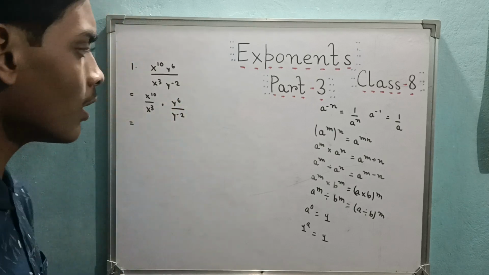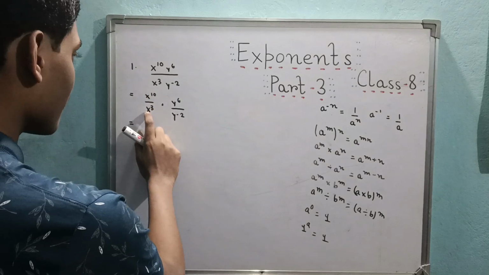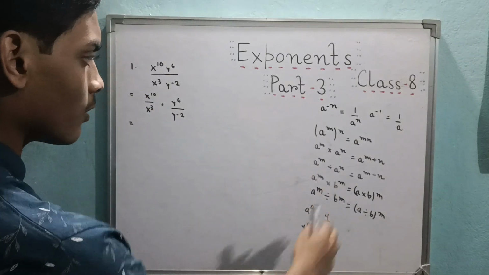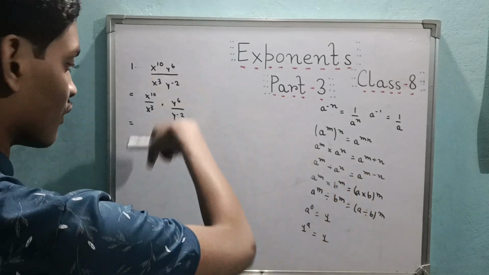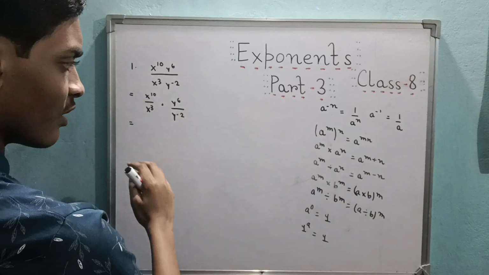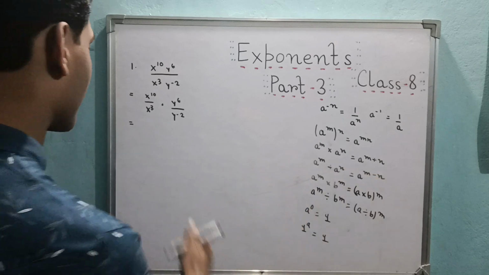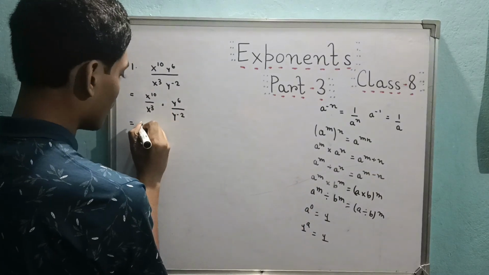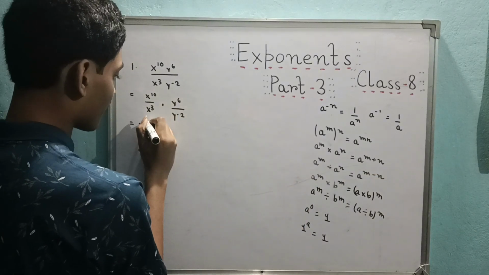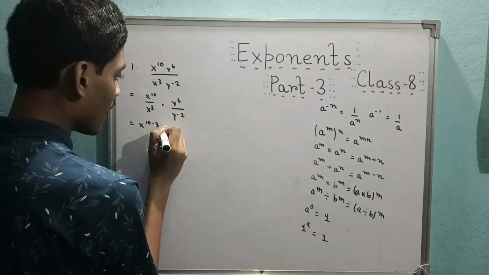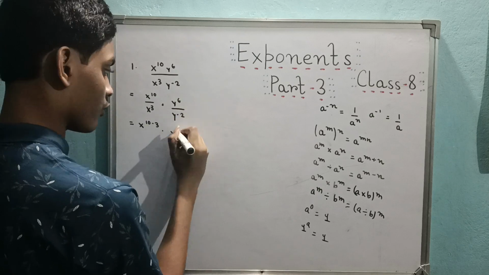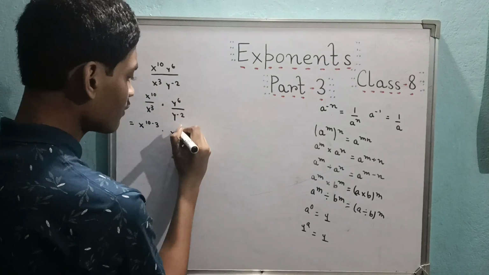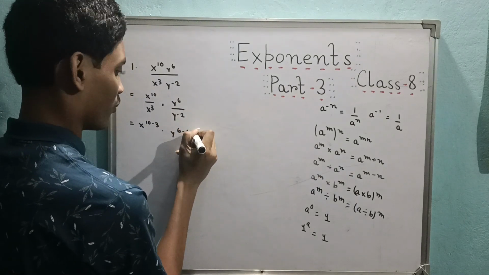Now, what do we know? If the bases are same, the powers are different, then for the common bases, the powers get subtracted when division is done. So when you are doing division here, that's why the powers will get subtracted. So for this common base x, the powers will be 10 minus 3 multiplied by, similarly for this base y, 6 minus minus 2.